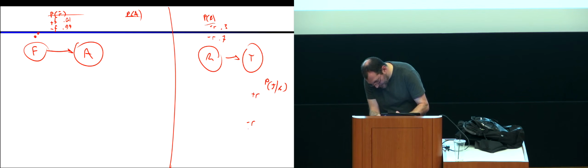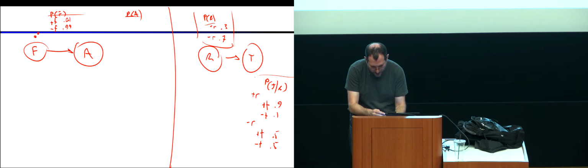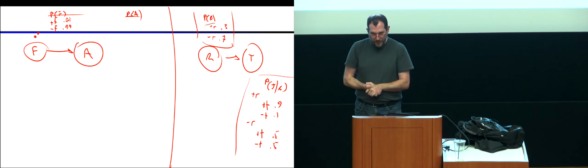There's the minus R case. Plus T, minus T, plus T, minus T. Here this was traffic is 50-50 without rain, but it's 90-10 with rain. Okay, so there's our rain and traffic case. So we didn't do likelihood weighting there, but maybe we should.